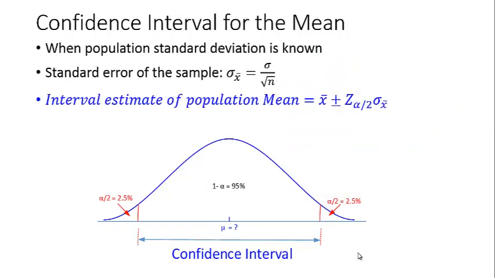So we use standard error because we have a sample by dividing the standard deviation of the population over the square root of the sample size, and our interval estimate of population mean will be our estimate of the mean plus minus the z-score of the confidence here times the standard error of the sample.